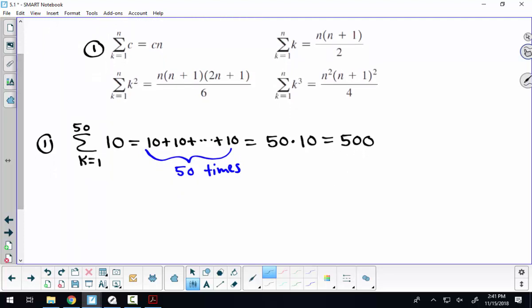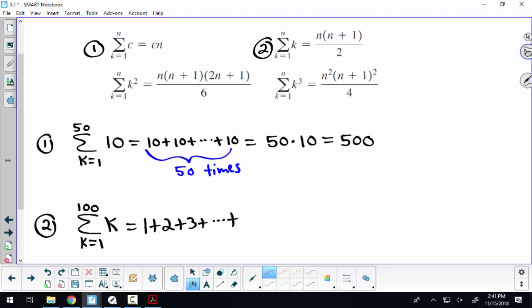Let's call this one the sum from k equals 1 to n of just k, number 2. So if I had the sum k equals 1 to 100 of k, which of course is 1 plus 2 plus 3 all the way out to 100.